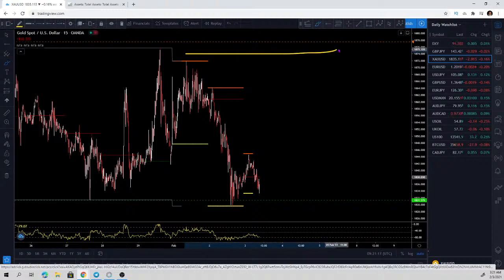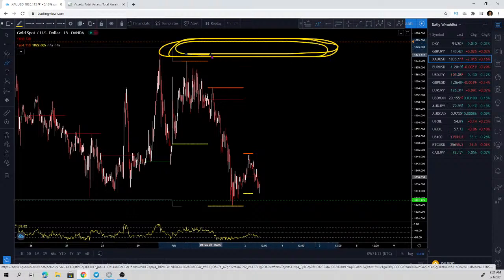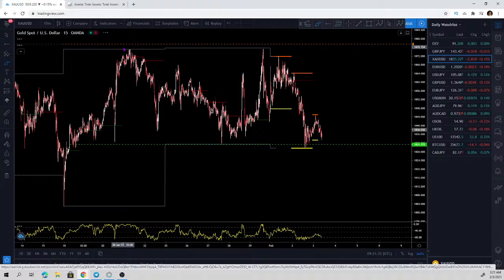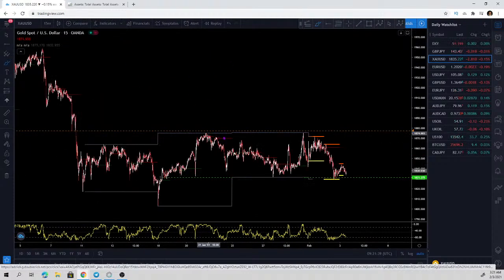Because there is a lot of sell orders, and there will be a lot of sell orders at these highs. So for buyers to break through that level, they need to swipe all those sell orders, right? Which has not happened yet, right? And you can see it on every single retest that we've had of those highs.